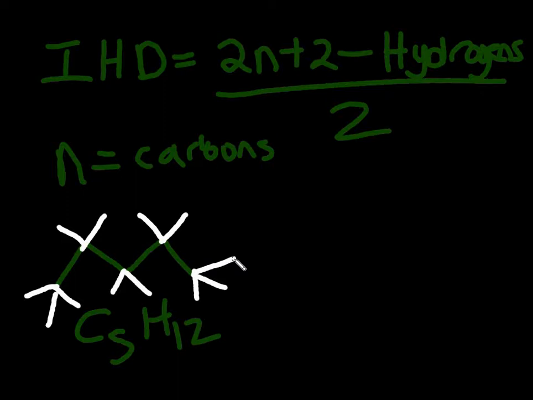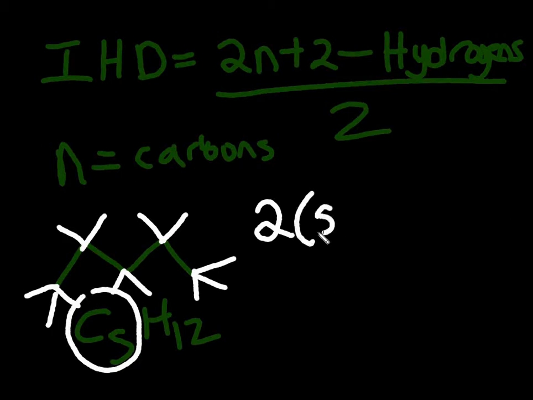So now let's put that into the equation. You have 2, the N is the number of carbons. We said that we have 5, plus 2, minus the number of hydrogens, and the number of hydrogens that we have is 12. We agreed on that. 2 methyls, 3 CH2s.